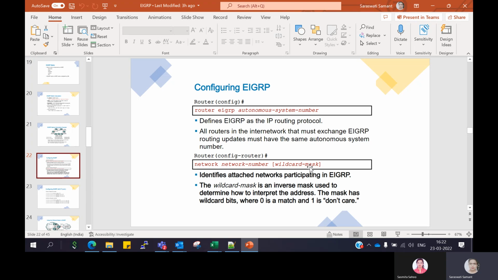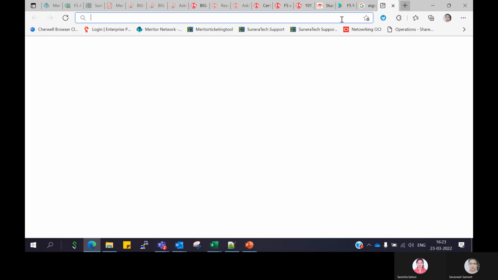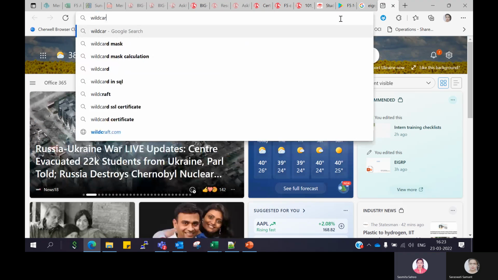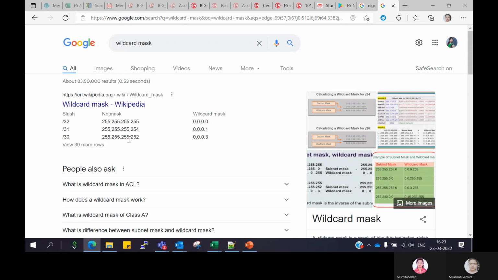So when you mention the subnet mask 255.0.0.0 for class A, the wildcard mask for that particular subnet mask will be 0.255.255.255. For 255.255.255.255, the wildcard mask will be 0.0.0.0.